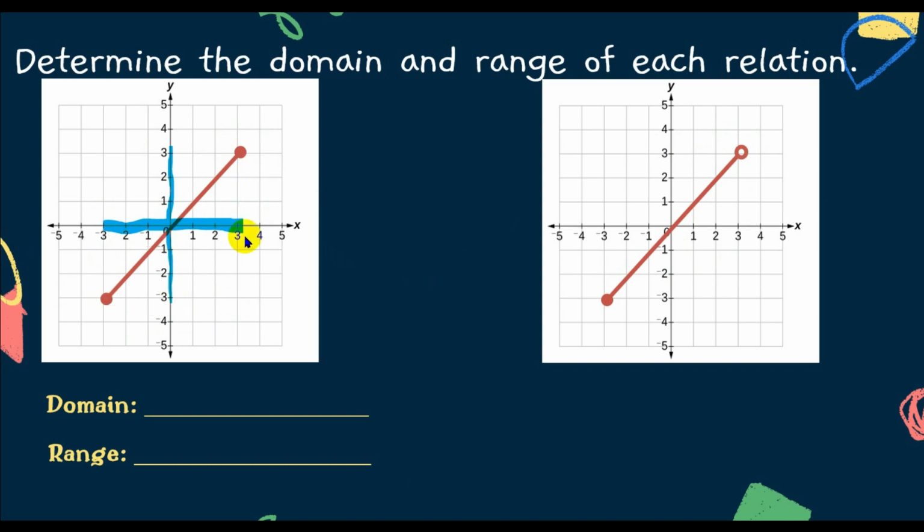Okay? So, how are we going to write the domain and range for these examples? Since this is a graph of a line, we cannot use the listing method. Why? Because we are not asked to describe just a few points, but the line itself. And as you can see, the line consists of many points. Since this line has many points, even 2.99 is included. If we list them, we'd be at it until next Christmas. Okay? So, in that case, we're going to write the domain and range in linear inequality or interval form.